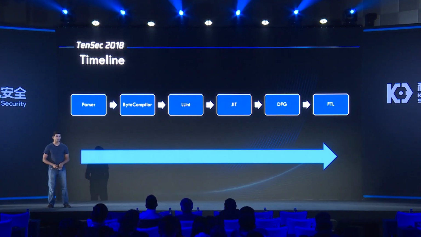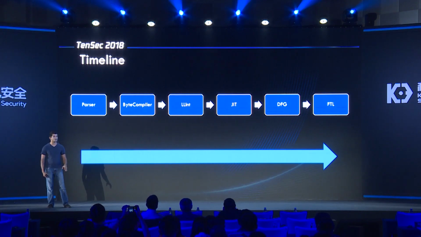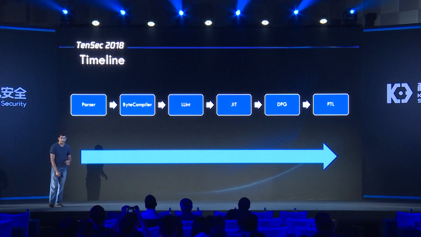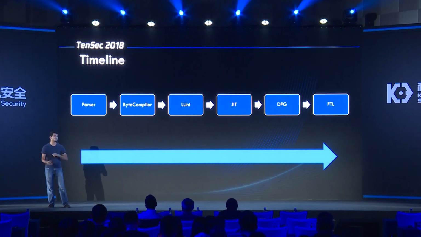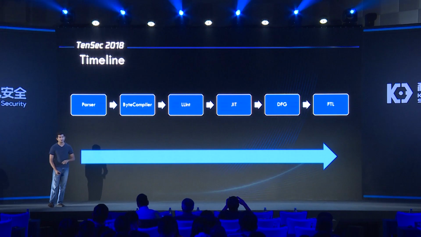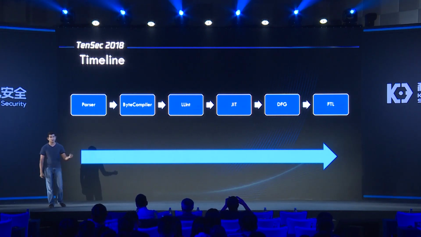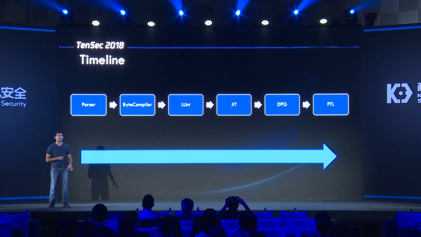Now I'm going to give a very quick and brief timeline as to how execution of JavaScript occurs within Safari, within WebKit, within JavaScript Core. There's a notion of a parser, which will take the actual JavaScript and parse it into an abstract syntax tree. From there, it'll go to a byte compiler, which will go through that abstract syntax tree and turn that into bytecode.